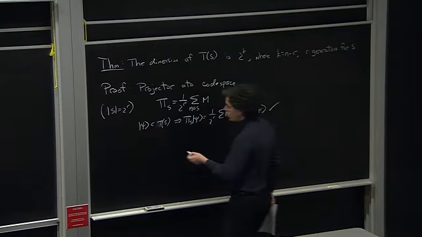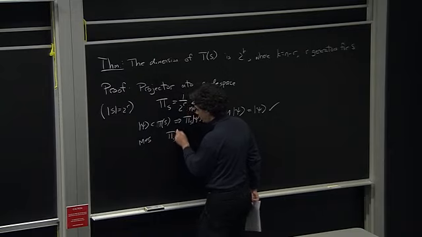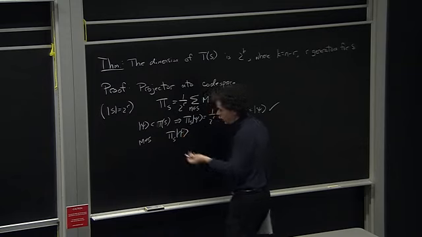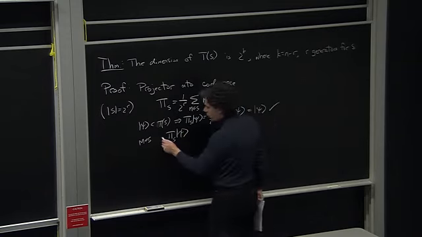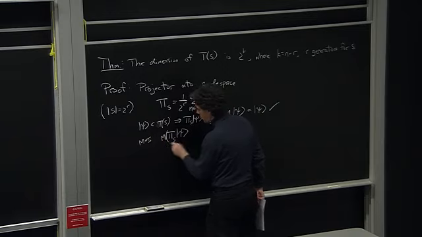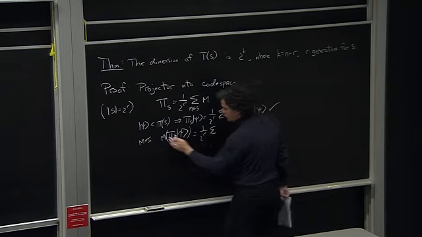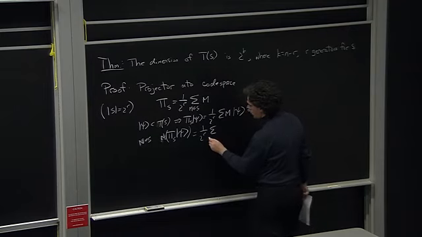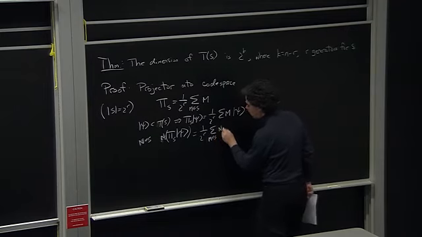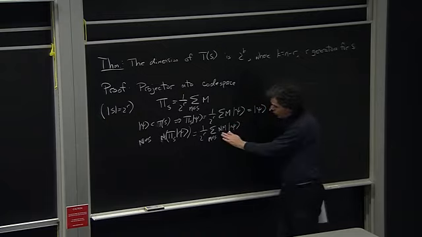Well, what we can do is take M in the stabilizer and apply it to something of this form, where psi is arbitrary. Now, it doesn't have to be in the code. So M times this is equal to 1 over 2 to the r, sum over N in the stabilizer, N times M, psi. But what have I done here?